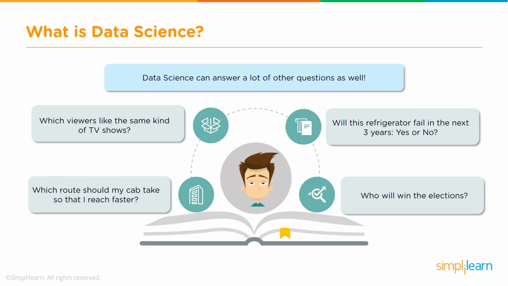Not only that, people use data science to even predict who is going to win the elections. It's a different matter that probably not all predictions come out to be true, but yes, they use data science to make these predictions.